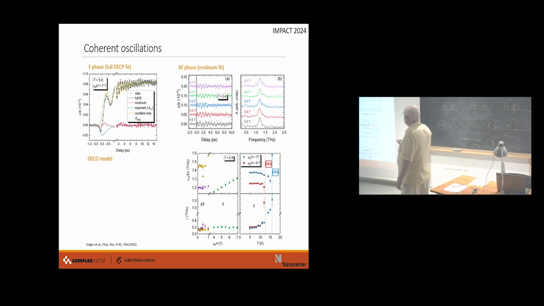In the antiferromagnetic phase, such a fit is a bit difficult because the oscillations are very weak, but we can still extract them, and we find two modes, one at 1.2 terahertz and one weaker one at roughly 1.4 terahertz. These modes do not show any magnetic field dependence.